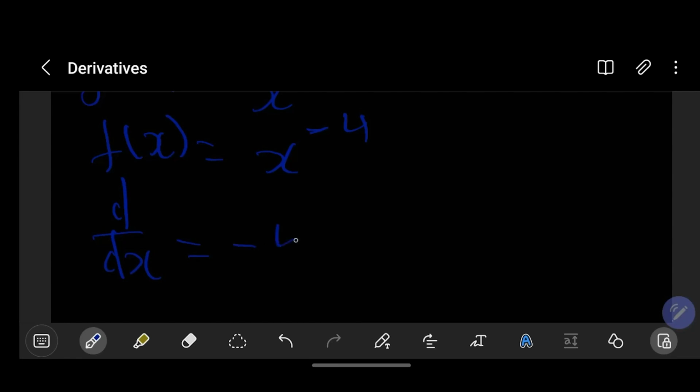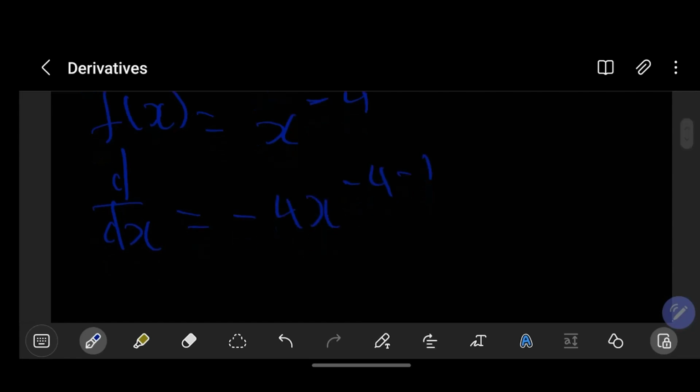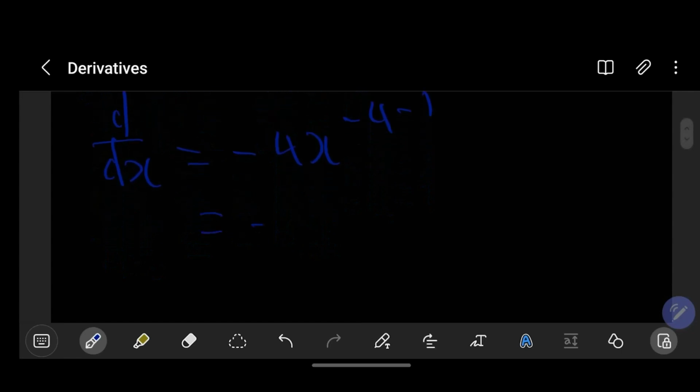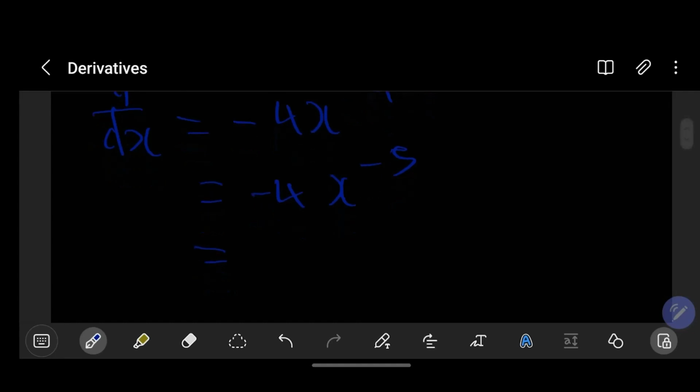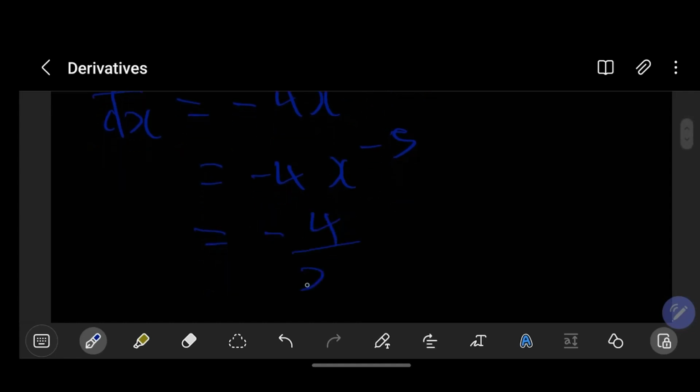So it's minus 4 x to the minus 4 minus 1, and that is then just equal to minus 4 x to the minus 5, and we can rewrite this as minus 4 over x to the 5. Okay, so quite simple. Just need to recognize how we can take the question and put it into a form we can recognize and link to one of the rules.